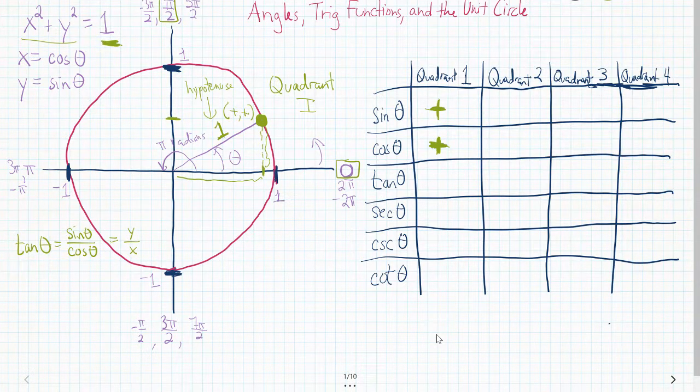According to this, because the sine of theta is y, the cosine theta is x. If you look at cotangent theta, an easy way to think of that is it's just 1 over tangent theta, or it just reverses the order of the tangent theta. So cosine theta over sine of theta is what we're left with there. So that means that's x over y.